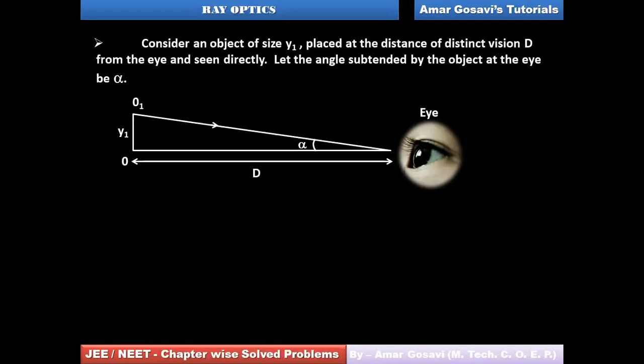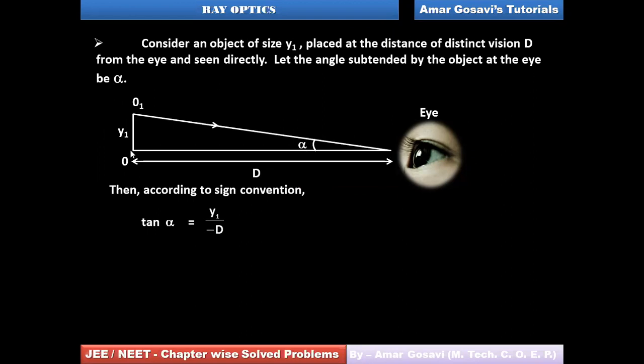The first statement is talking about this angle made by this object of size y1, which is placed at distance of distinct vision d from the eye, and the rays are making some angle with the eye, and that angle is alpha. So the first angle we got is alpha. From trigonometry, tan alpha in this diagram, according to sign conventions also, will be y1.